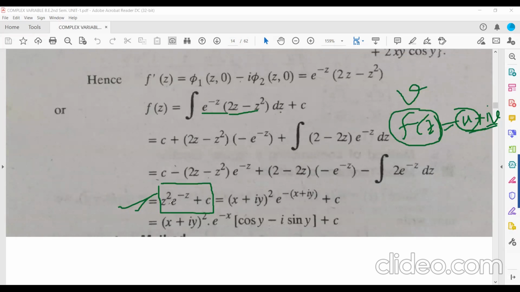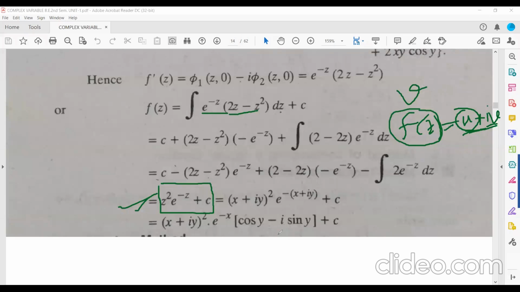So here, in place of z, you just put x plus iy. And then you separate the real and imaginary part.